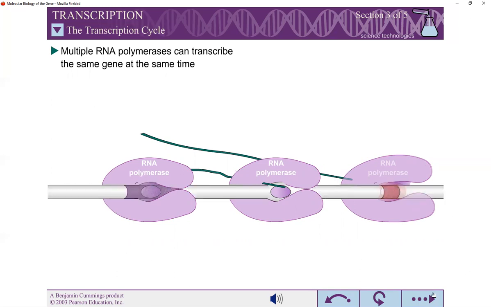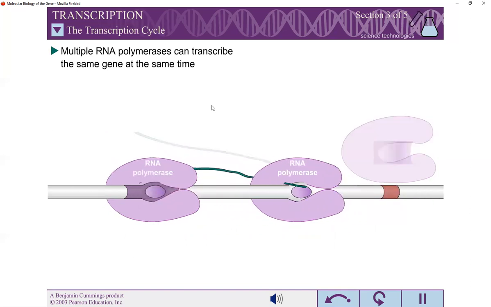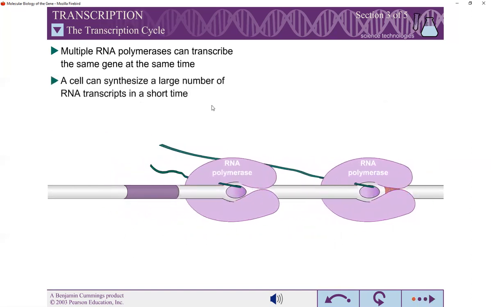One RNA polymerase precedes another, so the RNA polymerases move one behind the other. This allows a cell to synthesize a large number of RNA transcripts from a single gene in a short time.